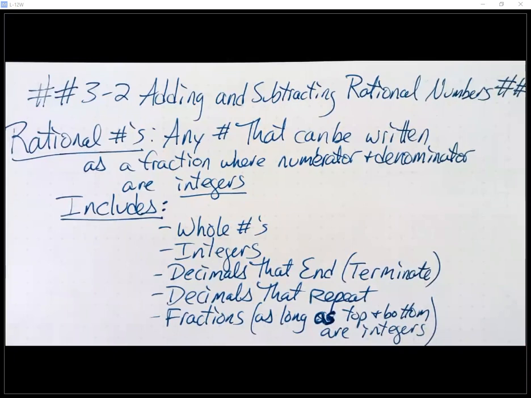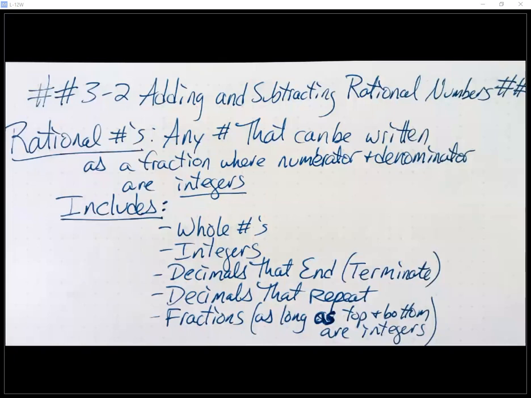But I know that that's irrational, so it doesn't fit this definition. It's because I was missing this piece, that the top and the bottom have to be integers. That's kind of a big deal, but we leave that out a lot. We like to just say, oh, any number that you can write as a fraction. Well, you got to add that piece to it, because then you could write any irrational number as a fraction. So you need the part about top and bottom being integers.